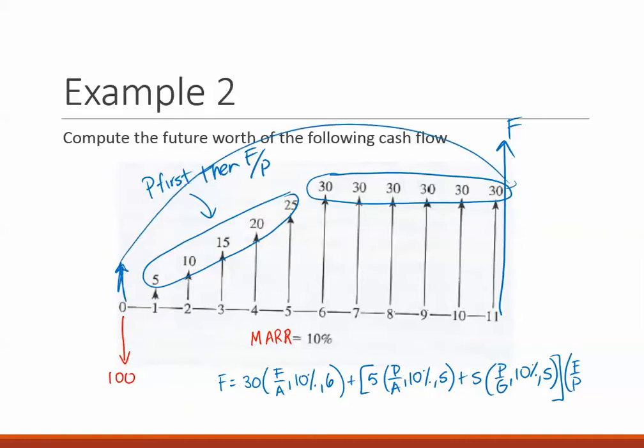Now I'm making a mess, right? But F given P, 10% for 11 years, right? From 0 to 11. And then minus this 100, F given P, 10% for 11 periods. Okay?